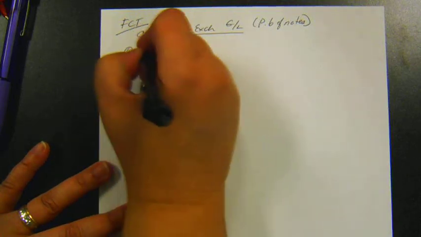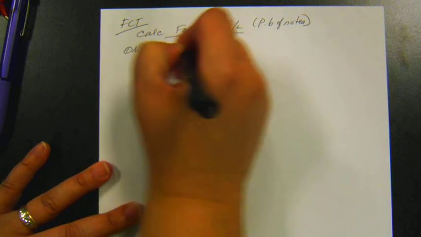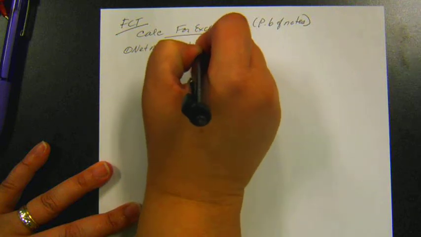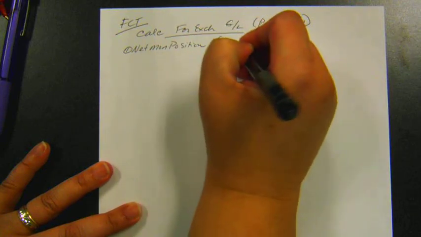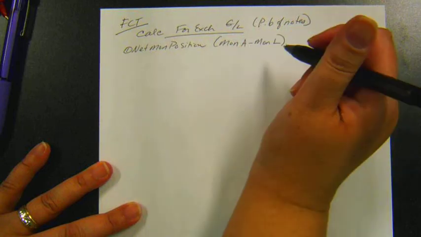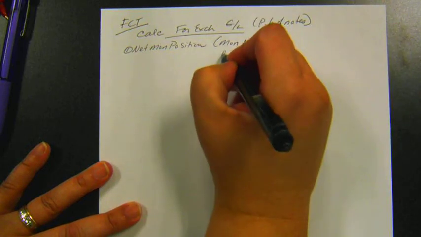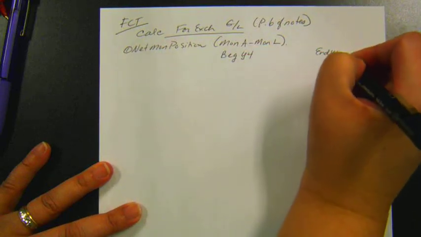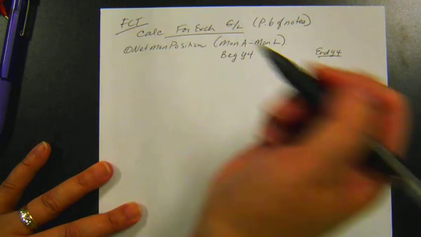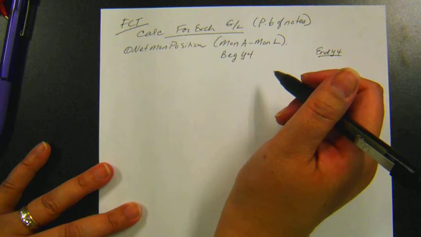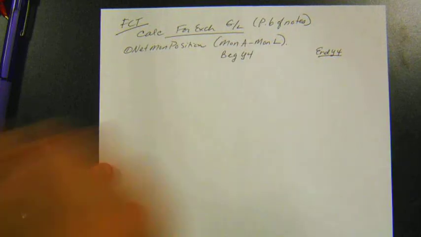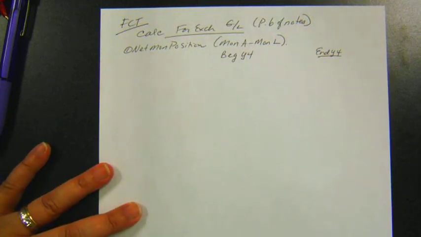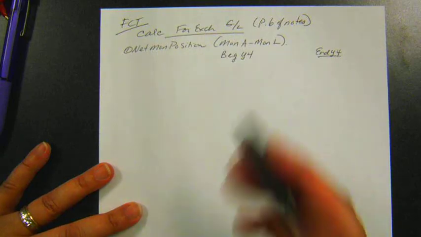So we're going to start with the net monetary position, which is just monetary assets minus monetary liabilities. And I need the beginning of year 4 and the end of year 4. So at the beginning of year 4, always remember that's year 3, so it's the outer column. Don't flip the columns. New ones first, then it goes backwards.